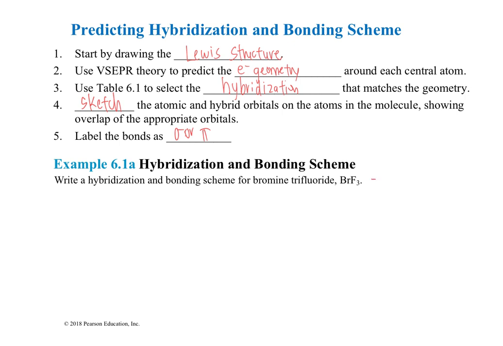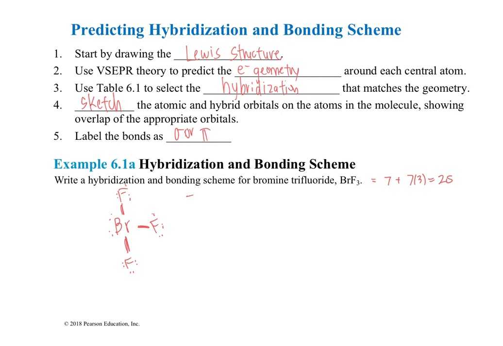We do the same steps of counting valence electrons. So 7 plus 7 times 3 is 28. We'll do bromine, and then 3 fluorines, 2, 4, 6, 8 from the bond, 10, 12, 14, 16, 18, 20, 22, 24, 26, 28.